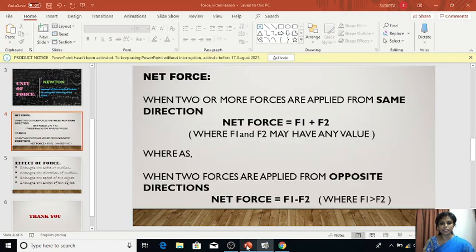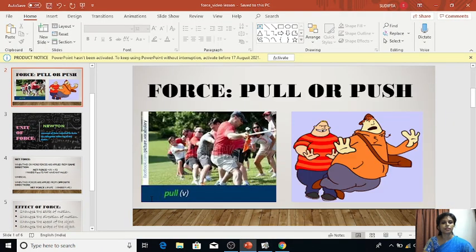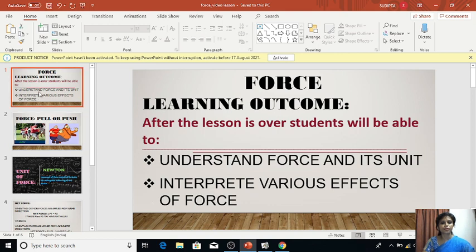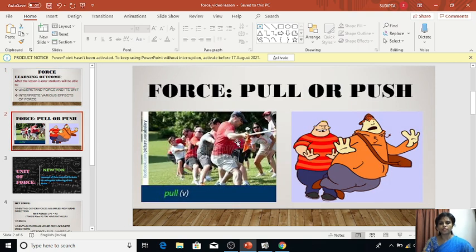Let us just summarize what we have learned today. Today we wanted to understand force and its unit and interpret various effects of force, right? So what is force? Force is nothing actually, it is either a pull or a push, right?